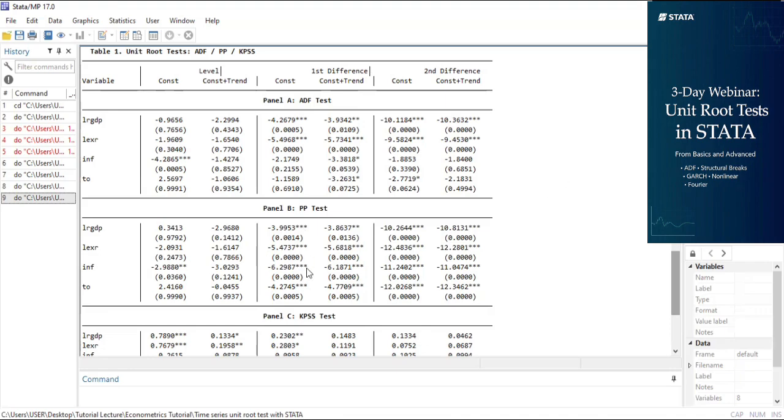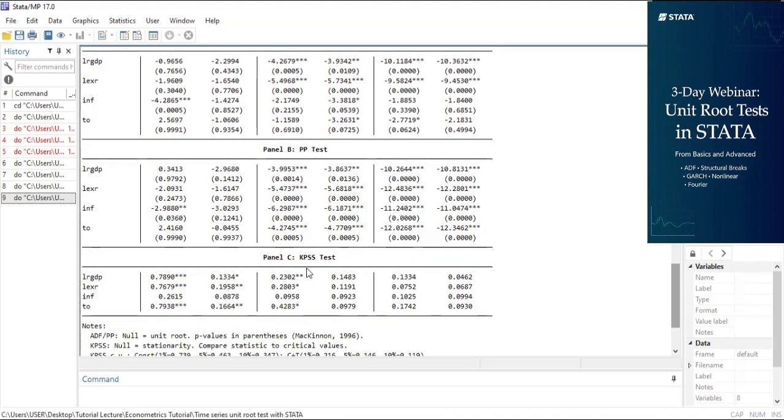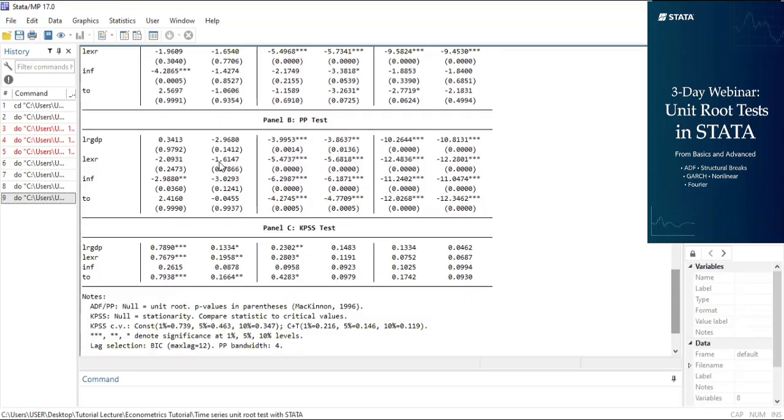Now also look at the confirmatory test. Although there's no disagreement between PP and ADF, so we do not need this. Assuming there were disagreement between the two, we could now show this. We also have KPSS here.